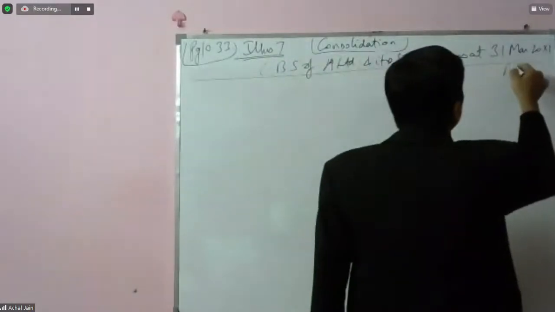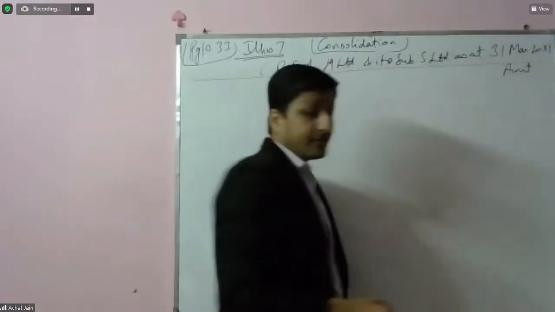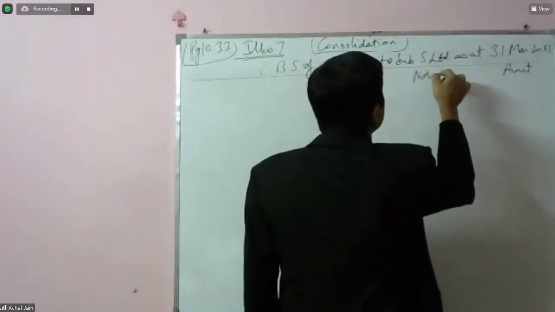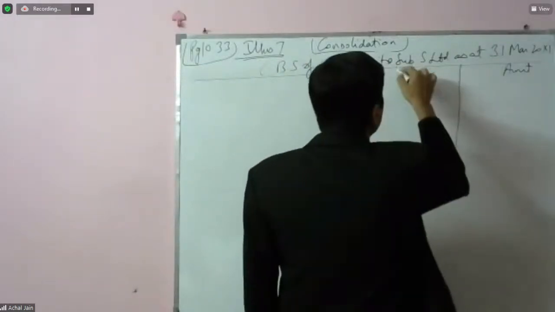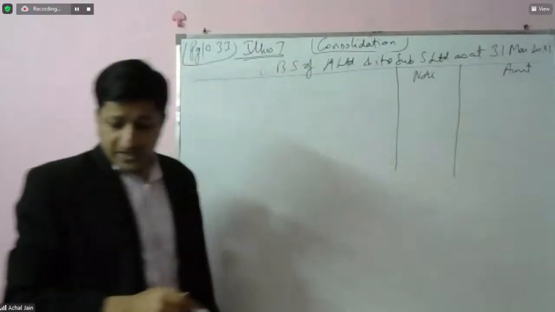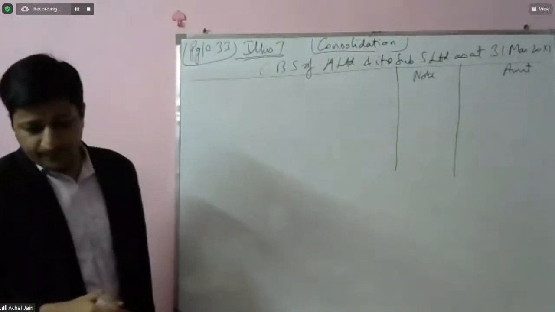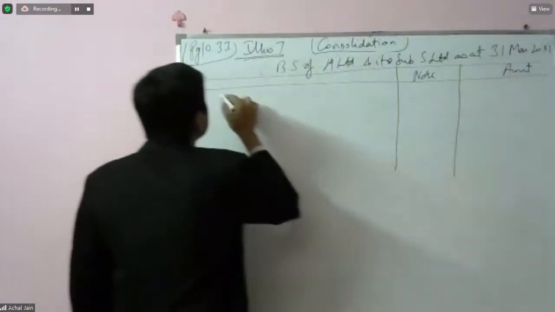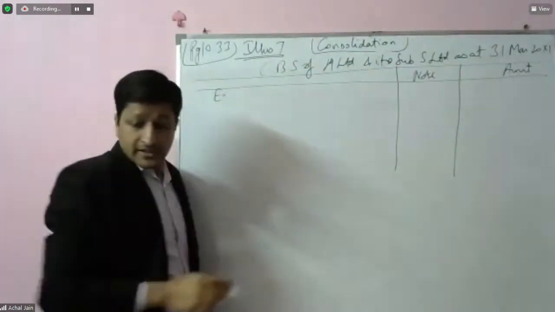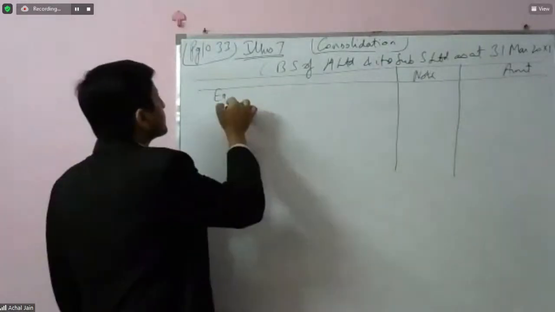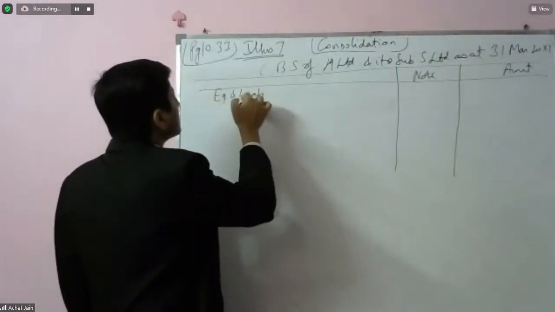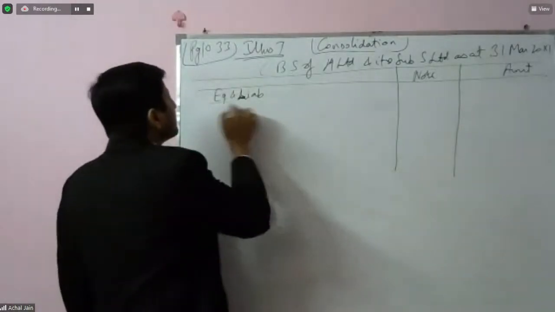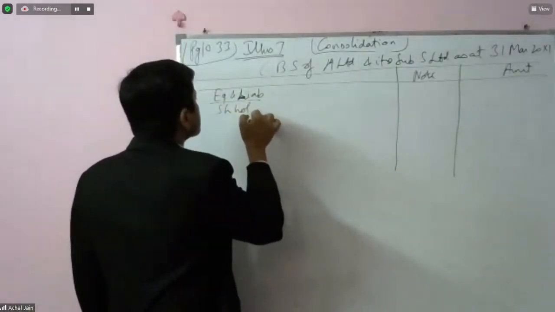So that amount, and for the amount, we also need the note reference. And I'll keep some space for the notes. So we have equity and liabilities. And over here we have got shareholders' funds.